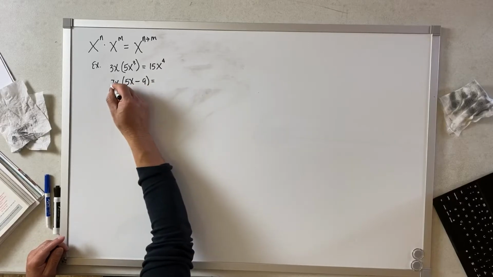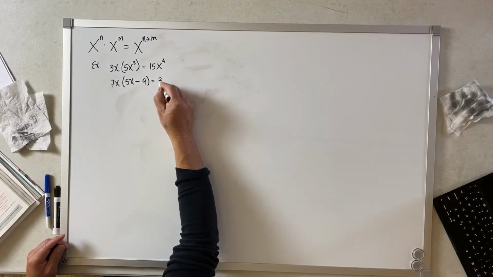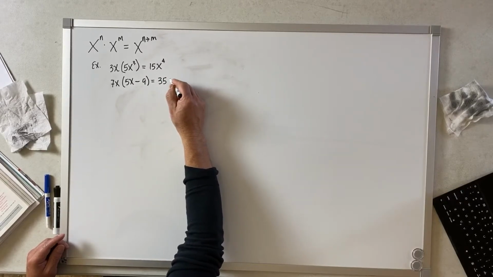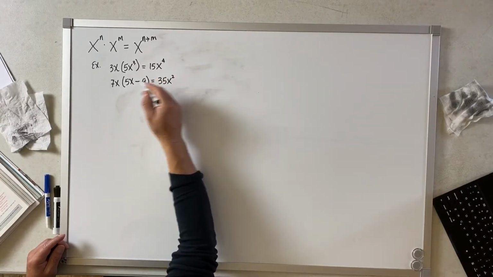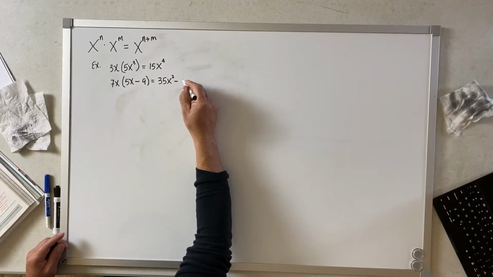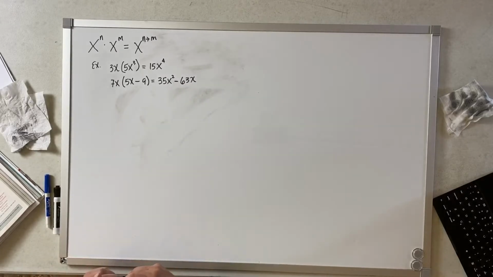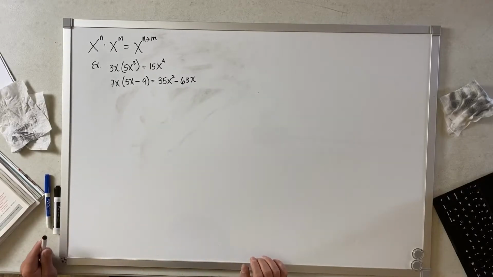We distribute. 7x times 5x is 35x squared. And then 7x times negative 9 is negative 63x. So that's multiplying a monomial times a binomial.